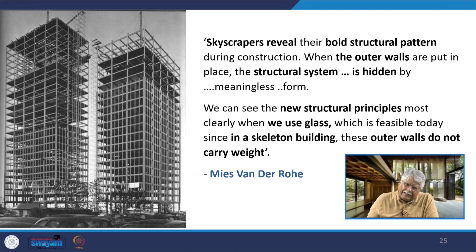Now Mies said this, skyscrapers reveal their bold structural pattern during construction, but when the outer walls are put in place, the structural system is hidden and then the form becomes meaningless. So we can see that the new structural principle is that we can now use glass, which is feasible today since in a skeleton construction these outer walls are not carrying any weight. So Mies was very clear that the outer wall should be in glass.